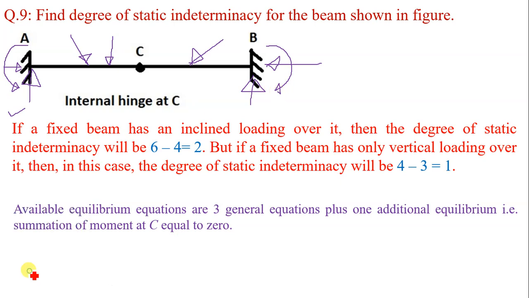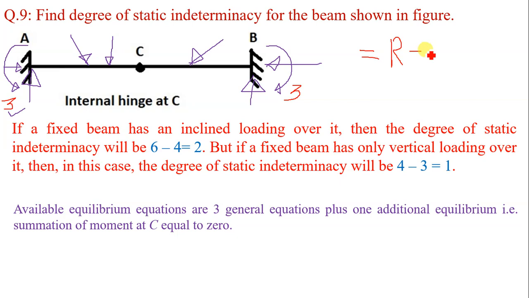So 3 reactions at this support and 3 reactions at this support. So degree of static indeterminacy, external, I am talking about external, is equal to number of unknown reaction components minus available equilibrium equations.